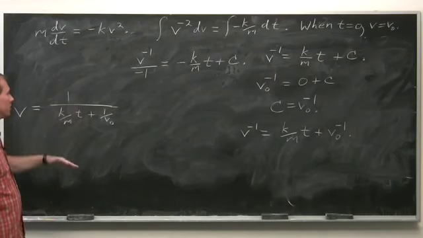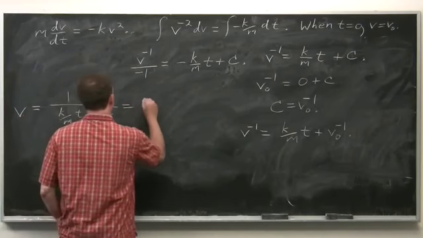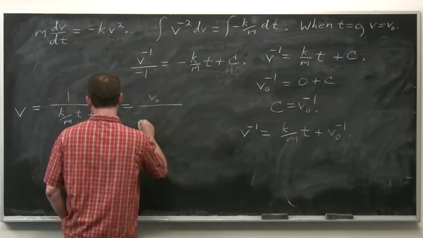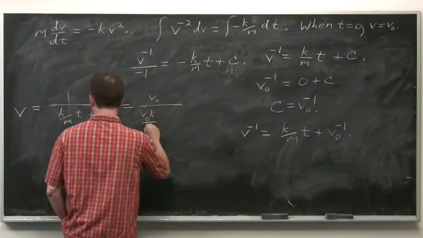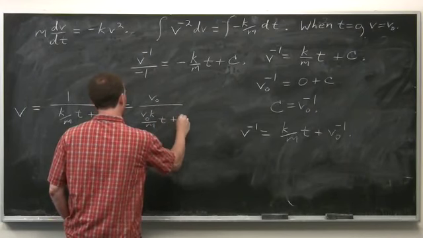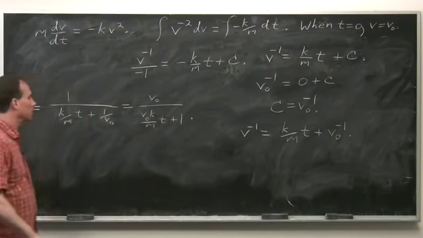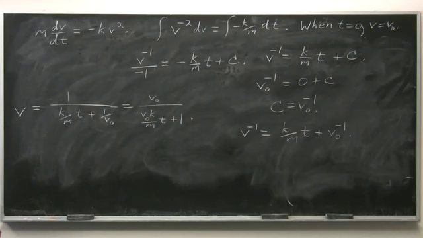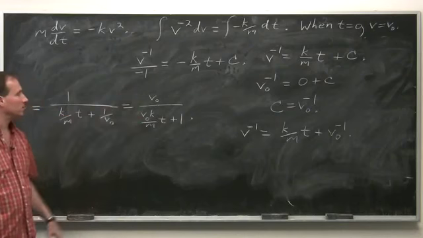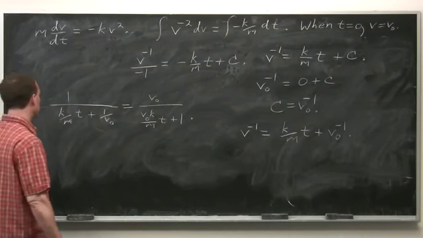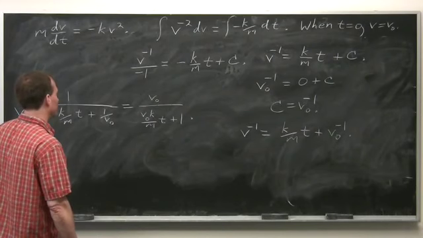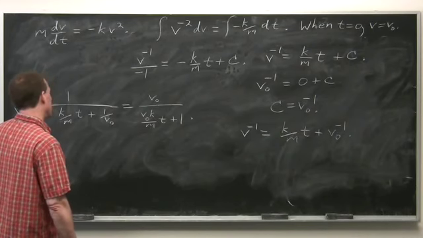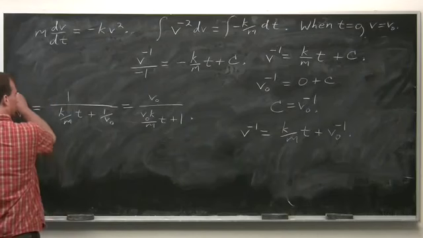Multiply the big numerator and denominator by v naught, and we get v naught over v naught k over m times t plus 1. And that's what we get for v. This has the advantage of, if you started at v naught equals 0, it would give you the equilibrium solution, so that we don't have to worry if we write our answer like this about whether v naught was greater than 0 or not. Okay, so that's v.